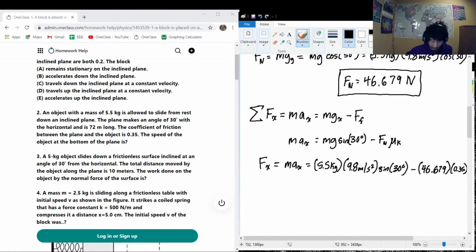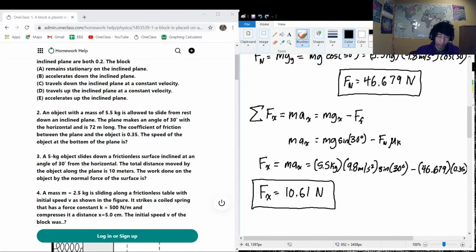Okay, so let's send this into my calculator to figure out what this is. Our normal force times negative 0.35 plus 5.5 times 9.8 times sine 30 degrees. And my calculation for this, Fx is equal to 10.61 newtons.